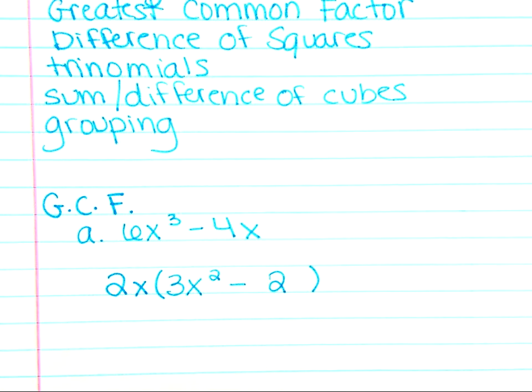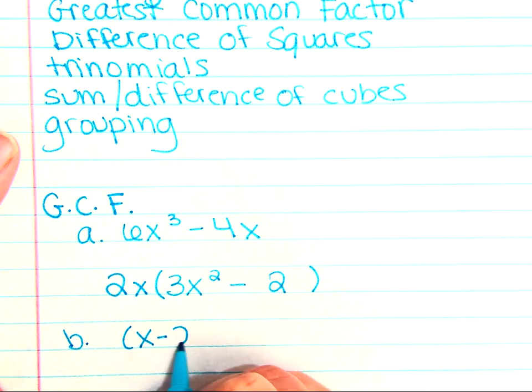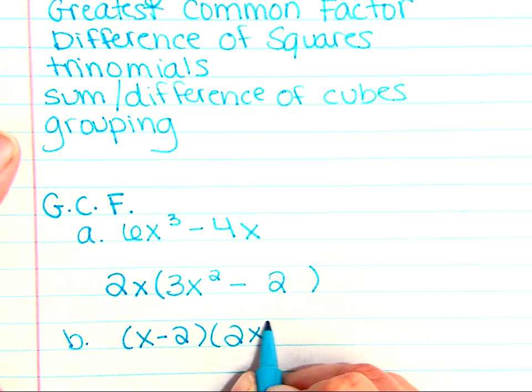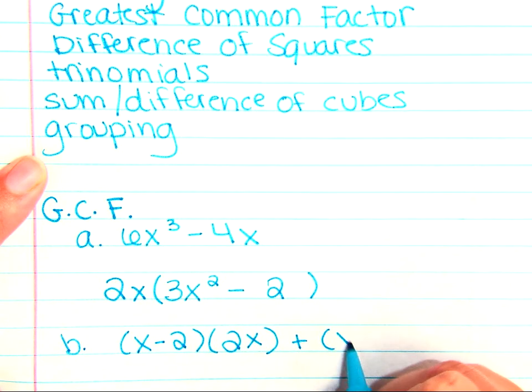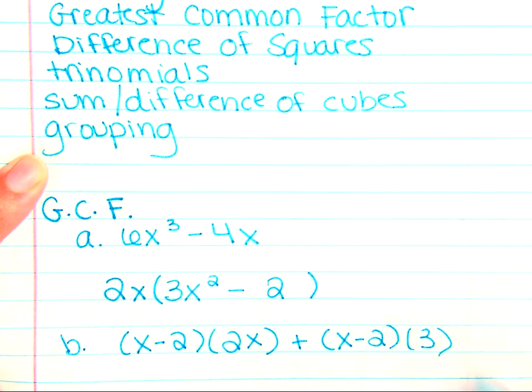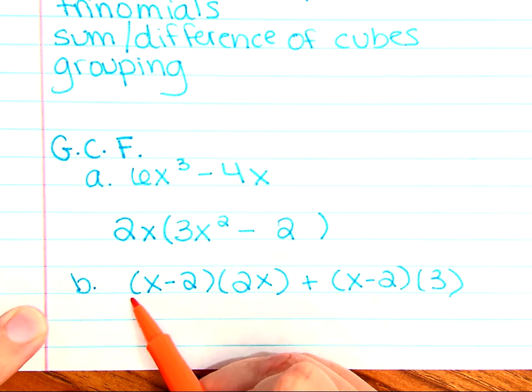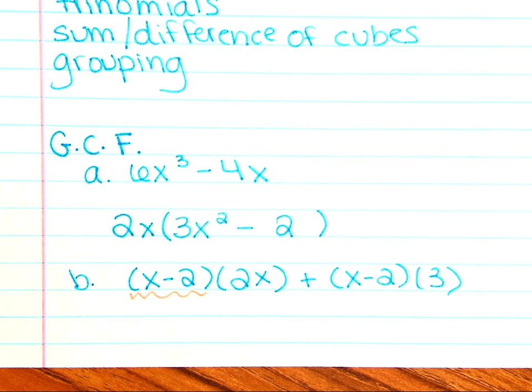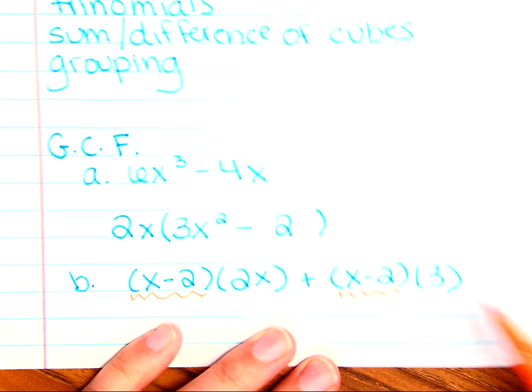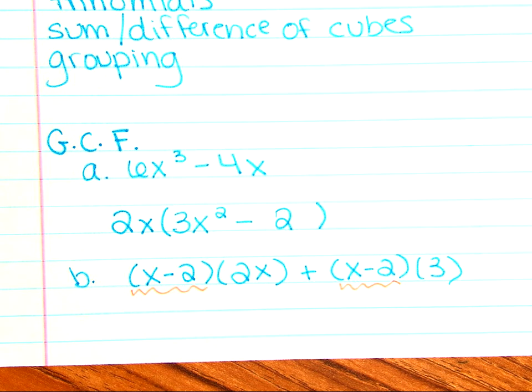Now, some of the problems we'll be working on in class are a little bit more complicated than that. So let's look at x minus 2 times 2x plus x minus 2 times 3. The temptation here might be to use distributive property to go ahead and multiply these out. However, I'm noticing that this distributive property would have an x minus 2, and so would this one. So they actually have an x minus 2 in common.